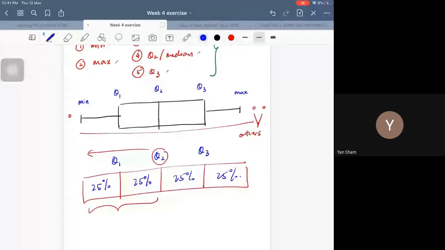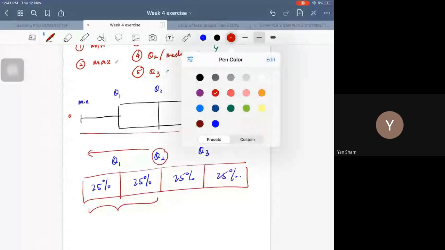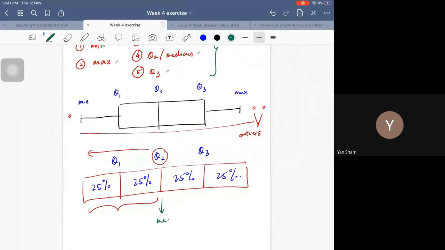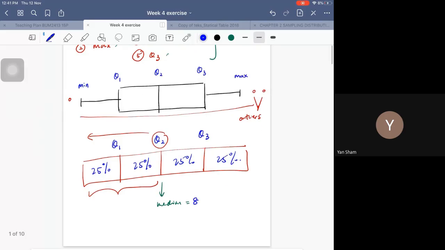So when I talk about the median value, let's say the median value is 8. I can say that 50% of the data has a value less than 8, because it's down here.